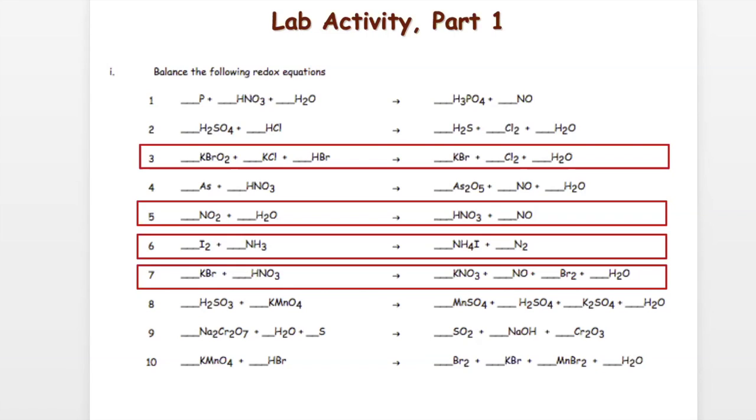This reaction down here, this seventh reaction, KBr going to potassium nitrate and Br2. But by bringing in potassium nitrate, you also bring in nitrogen. So KBr and HNO3 goes to KNO3 and Br2.